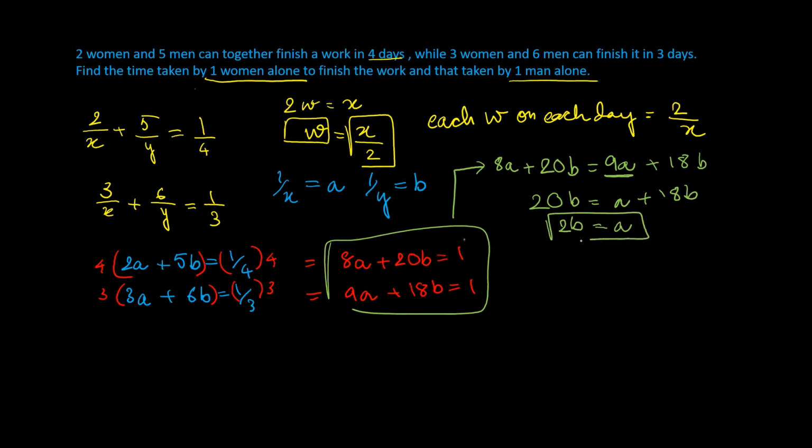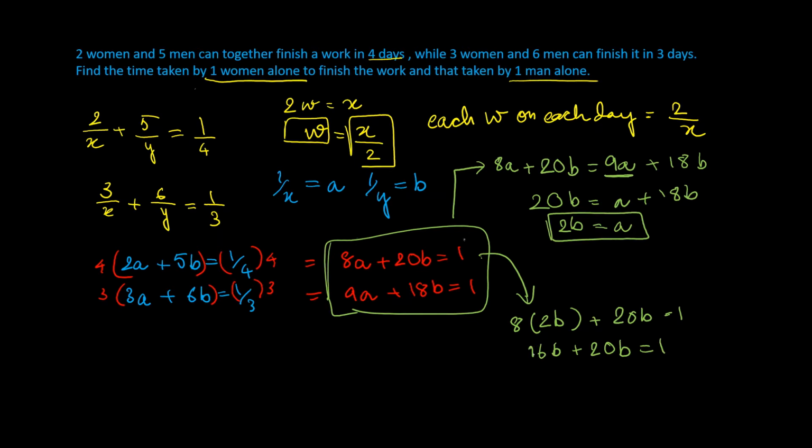Now what I get here is the value of a in terms of b. I'll take any one equation, suppose the first equation, and substitute the value of a as 2b. So I'll get 8 times 2b plus 20b equals 1. 8 2s are 16, so 16b plus 20b equals 1.